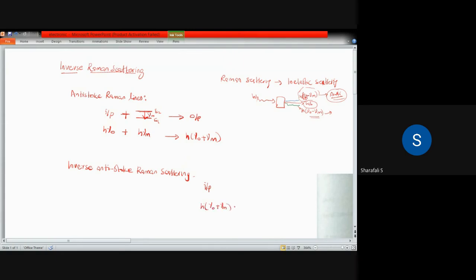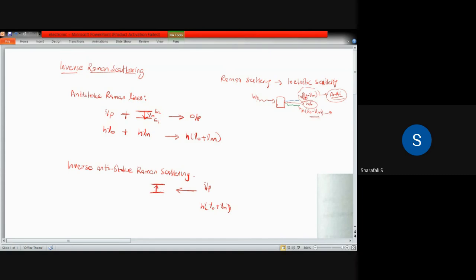So this is the input radiation, which goes towards the sample and interacts with it. You are sending input radiation of h times nu 0 plus nu m to the sample, and the sample is initially at the ground state, for example, or the lower state. Then it will go to the excited state.